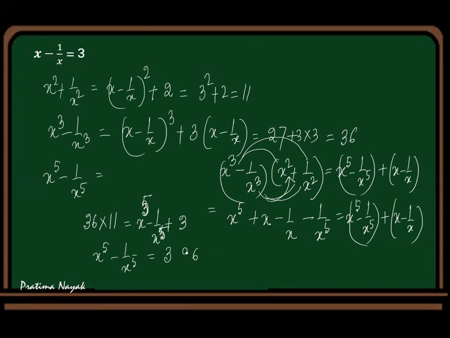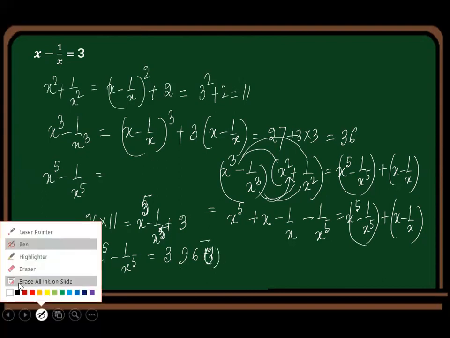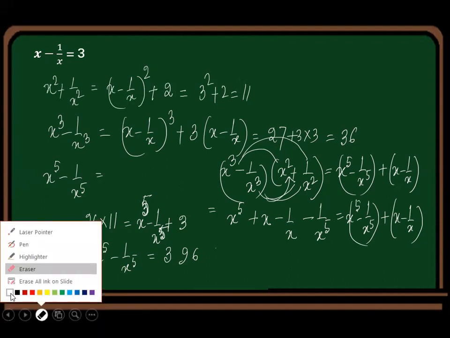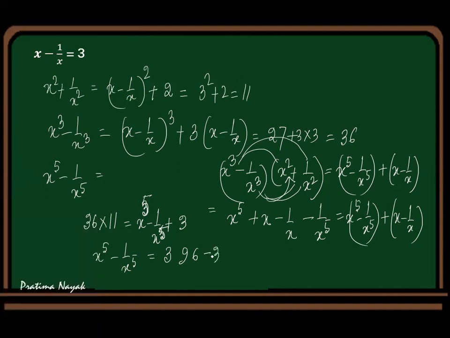How much will it be? 396 minus 3, because 3 will be subtracted here. So let me write clearly, because 3 will be subtracted there. So this will be 393, the answer.